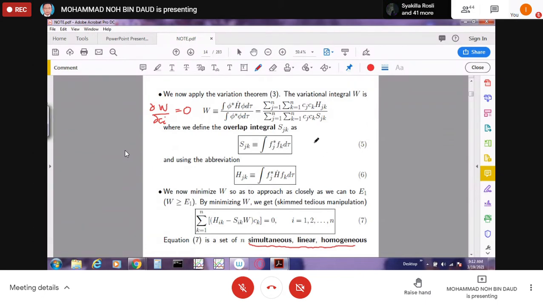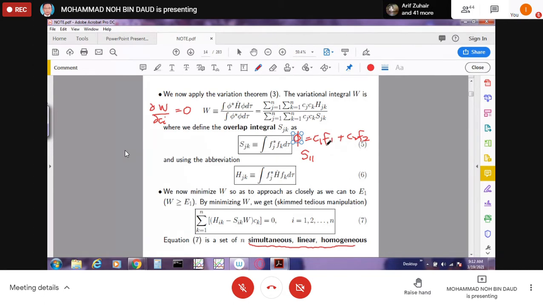So if we have two basis functions, and we write C1 F1 plus C2 F2, one of the overlap matrix elements is 1,1. With two basis functions, we can construct a 2 by 2 secular determinant.